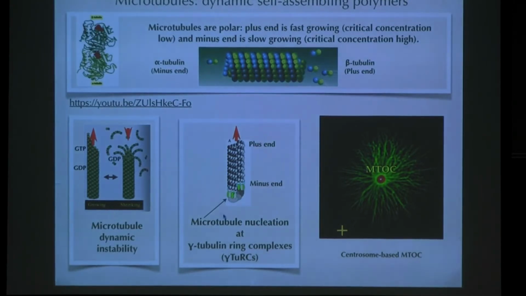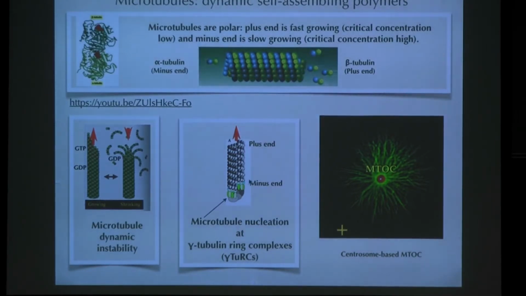This process is also called microtubule nucleation. That's where the original nucleus of the polymer is formed. And for a microtubule to exist and not depolymerize, the minus ends have to be somehow stabilized, either by being kept by those gamma tubulin ring complexes, or gamma TuRCs, or by some other stabilizing proteins.